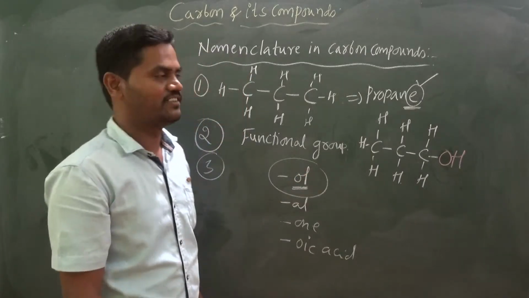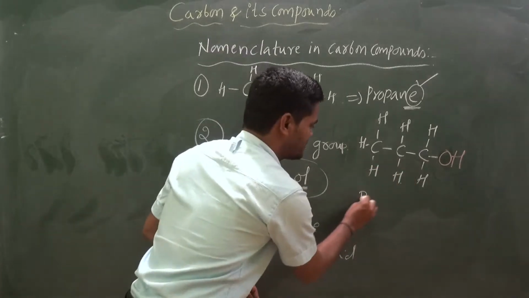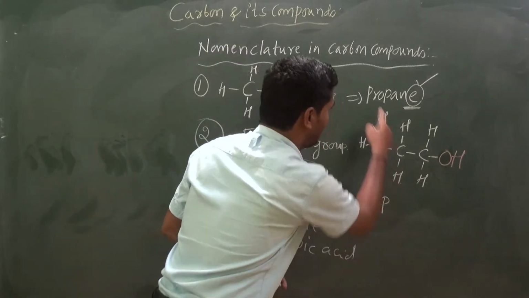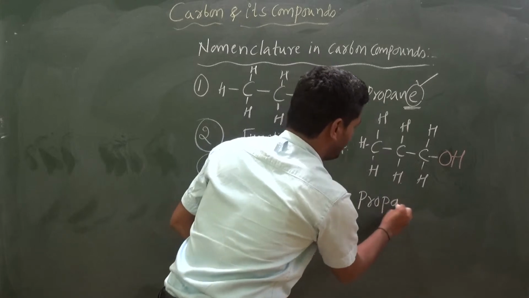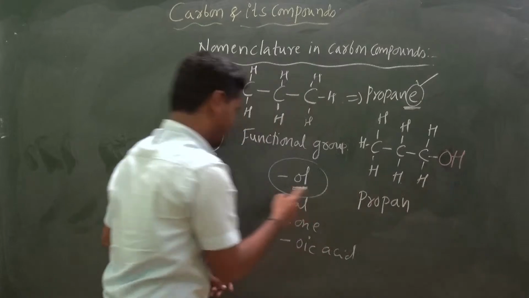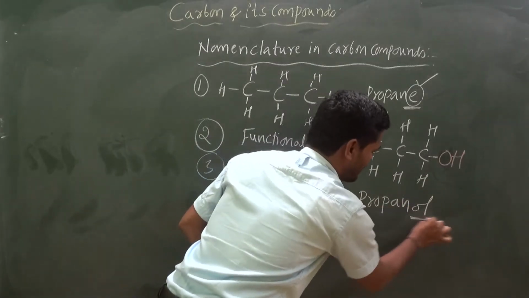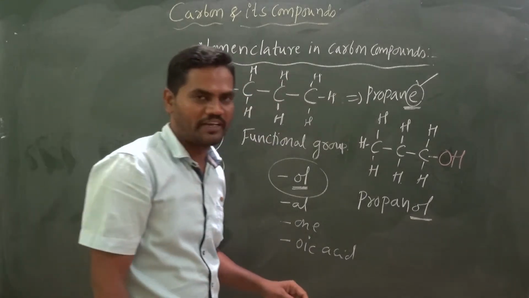That's it. Here it is propane, so I will write PROPAN. For alcohol, the secondary suffix is OL. That's why this one is propanol.